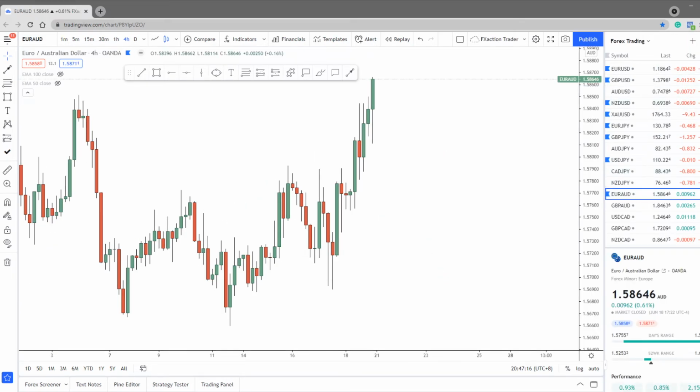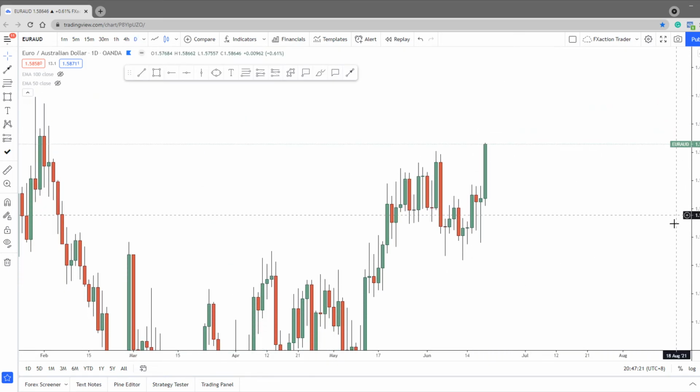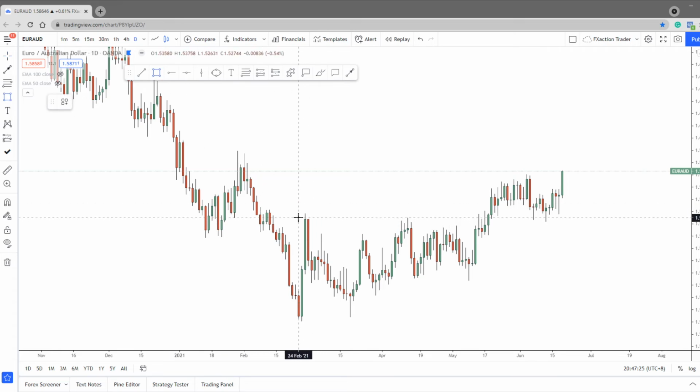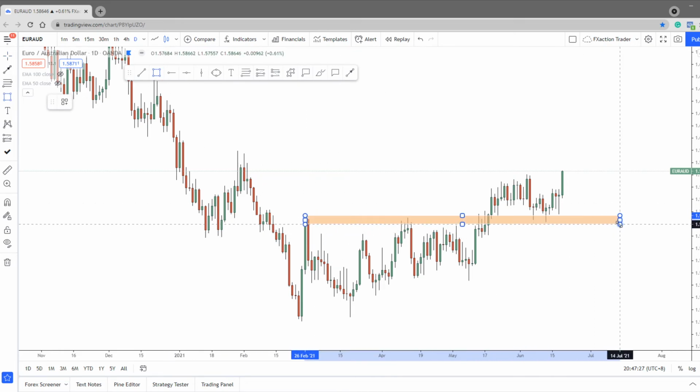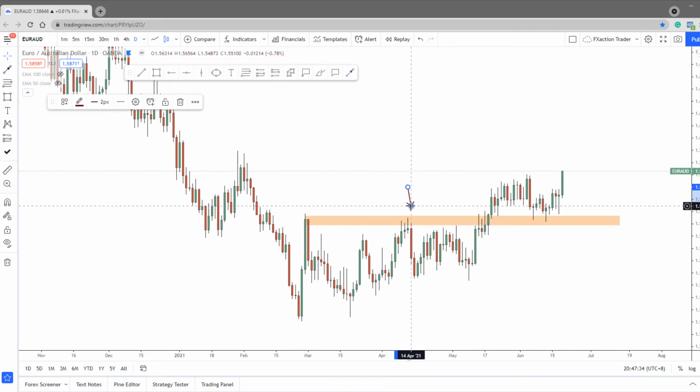The last pair for this week is Euro Aussie. On the daily chart, we can see a nice breakout and retest pattern where market just broke out of the previous resistance zone, and now this zone has become a new support zone, and market just continues to push up following the trend.